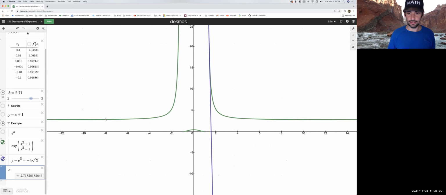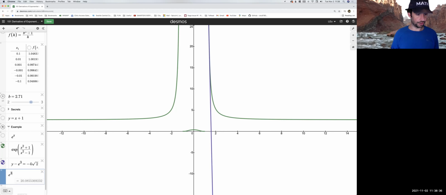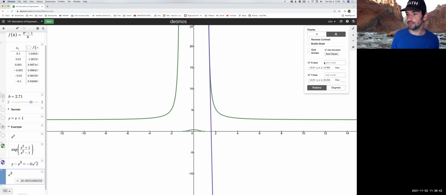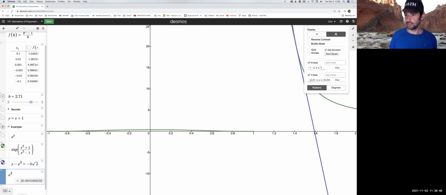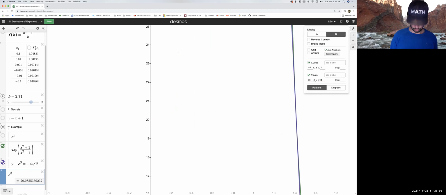And here is the tangent line. So at root 2, let's get a better view. So e cubed is up at 20, I guess 24. I was off by a bit. So let's change our view. Let's look at it just from negative 1 to 2. That includes root 2. And here let's just look at it between 16 and 24.